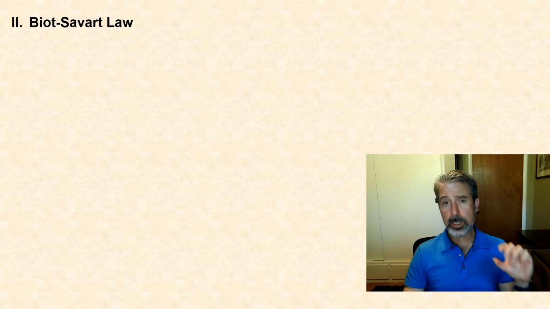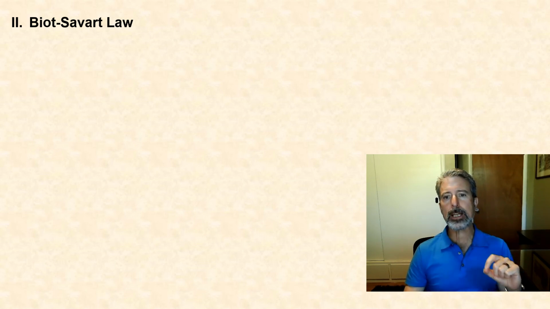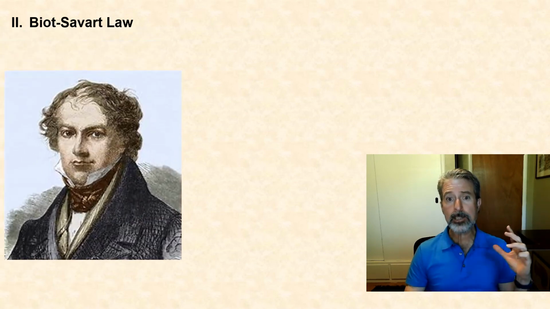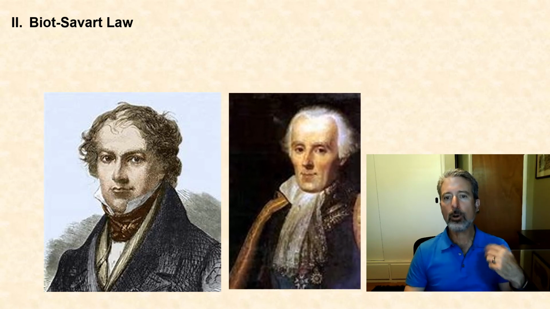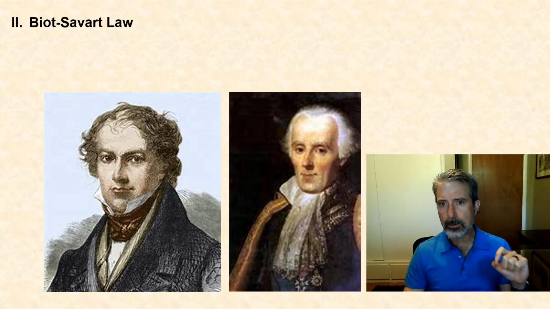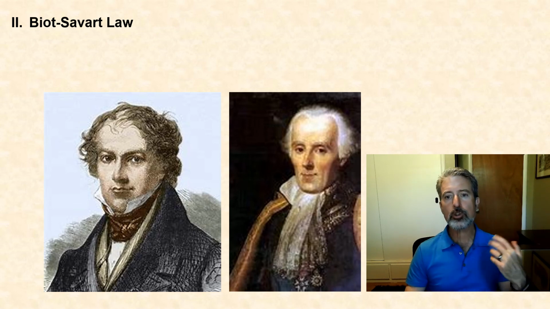Now, once Ørsted recognized that moving electric charges cause magnetic fields in 1820, it was only one month later that the French scientists Jean-Baptiste Biot and Félix Savart arrived at a mathematical expression to predict the form of the magnetic field surrounding a current-carrying conductor.